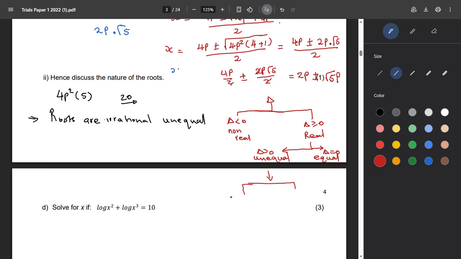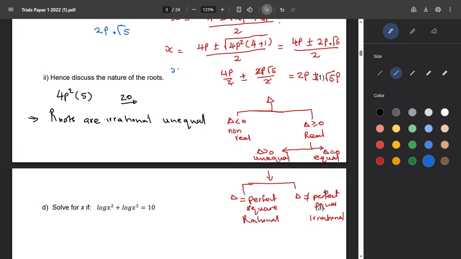Either the discriminant is a perfect square, and then it's rational, or the discriminant is not a perfect square, and that will be irrational. So this explains where my answer is coming from.